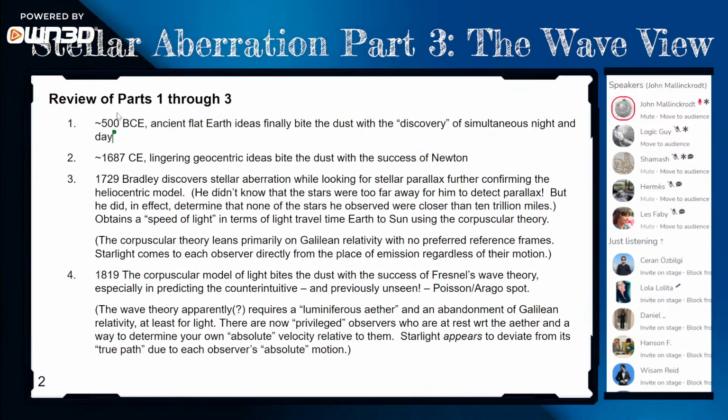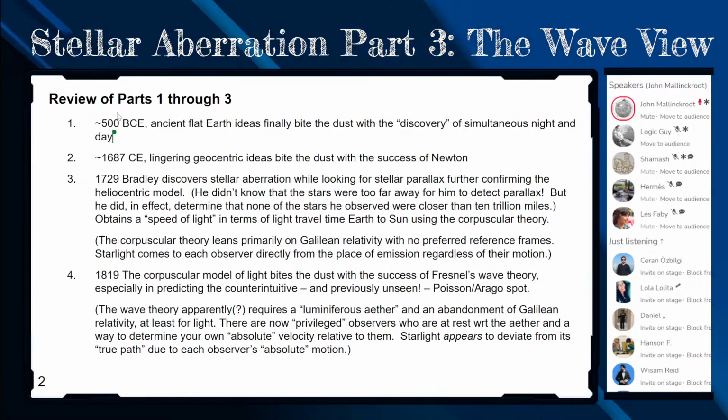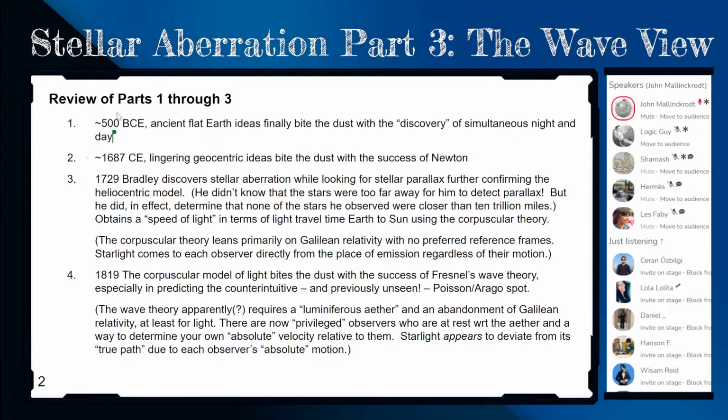That was such a powerful success that lingering geocentric ideas at that point bit the dust. That was no longer an option in the wake of Newton. So we have now, at the end of the 17th century, a clearly established heliocentric model.